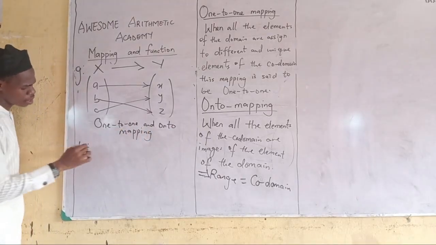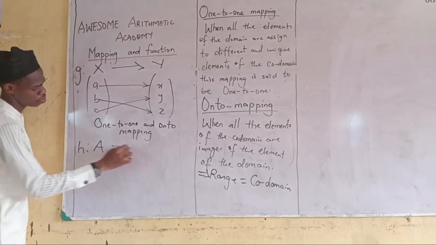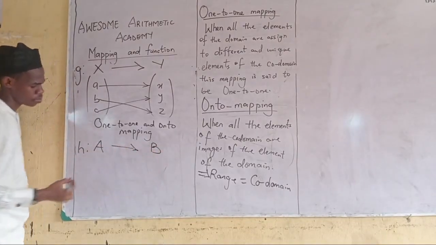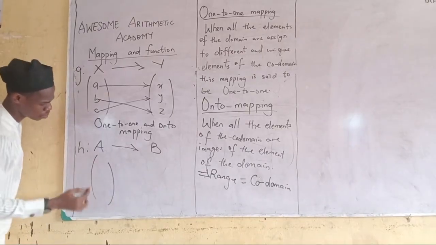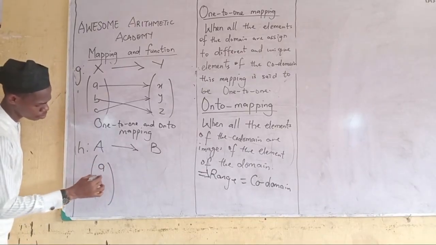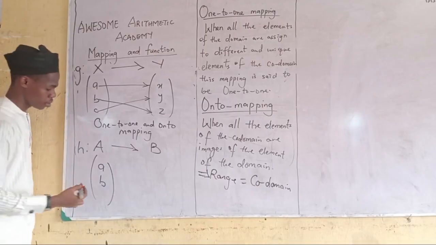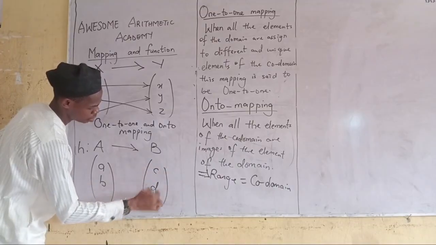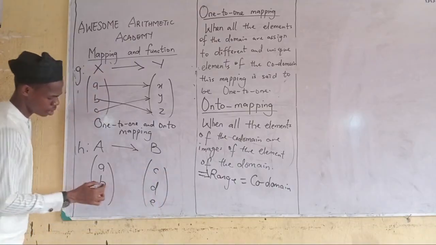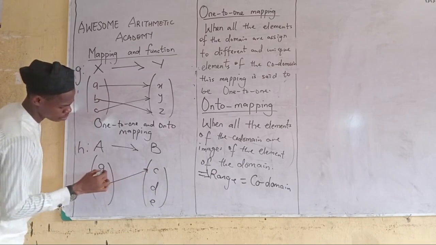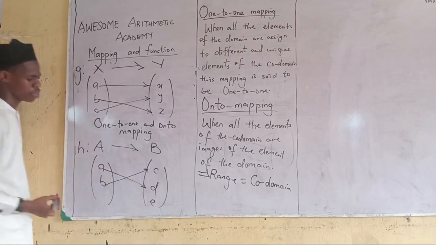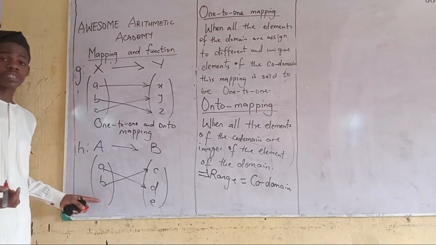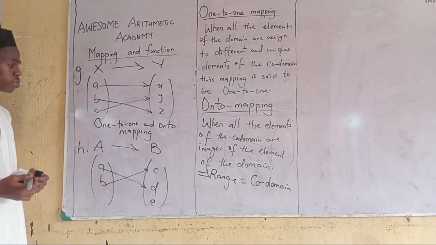If h is a mapping that maps A to B, and then I have set A with elements A and B, and this side I'm having C, D, and E, where B is mapped to C and A is mapped to D. Is this a one-to-one or onto?